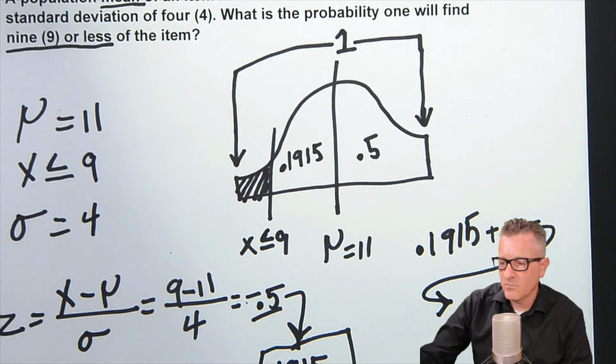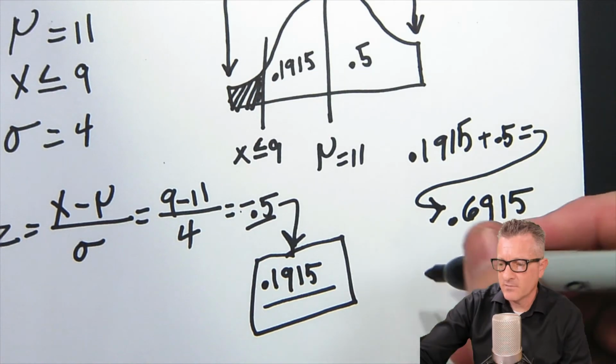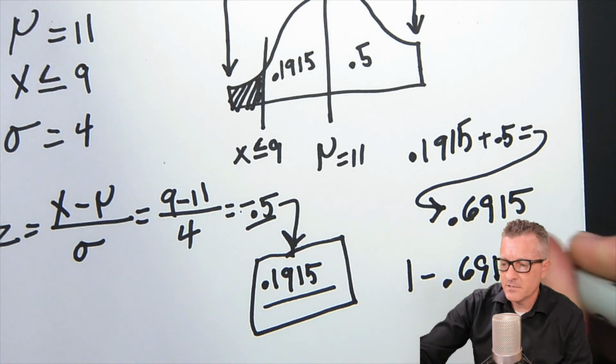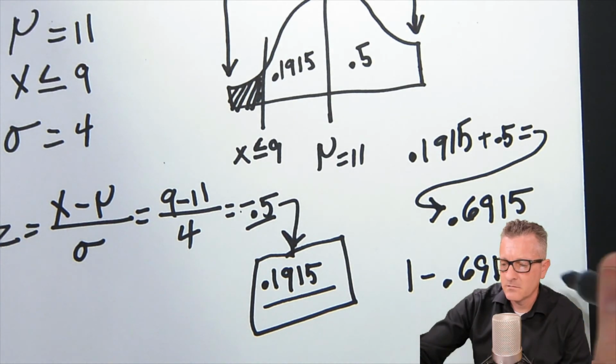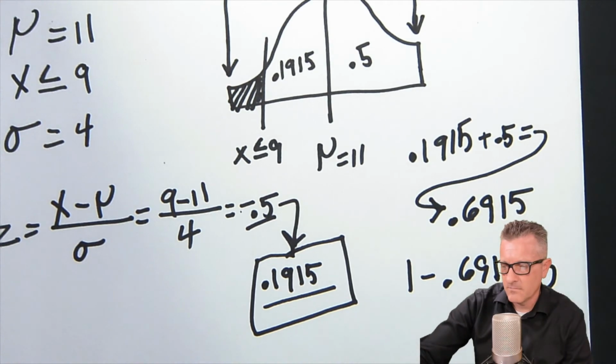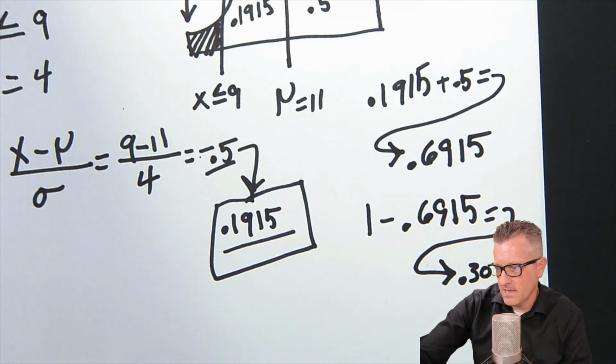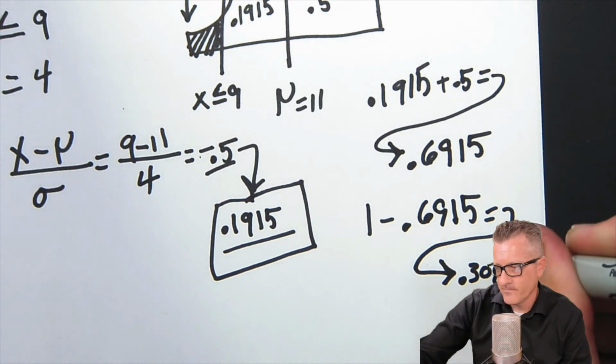And then what we do is we do 1 subtract 0.6915, and our answer is 0.3085.